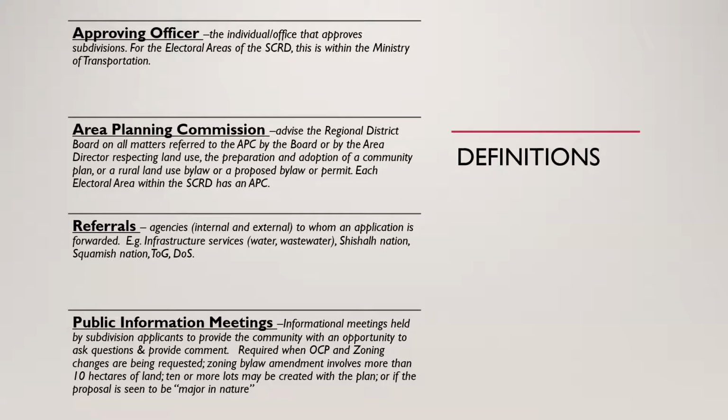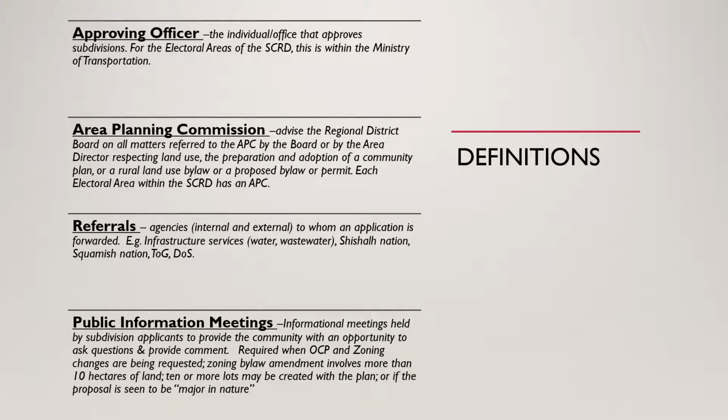So next up, some other definitions that you've probably heard before. The approving officer. So the approving officer is the individual or office that approves subdivisions for the electoral areas of the regional district. This is within the Ministry of Transportation. An area planning commission. So an area planning commission is a collection of individuals that are appointed by the regional district board, and they advise the board on all matters referred to them by the board or by the area director respecting the land use, preparation, adoption of a community plan, or a rural land use bylaw and proposed bylaw or permit.